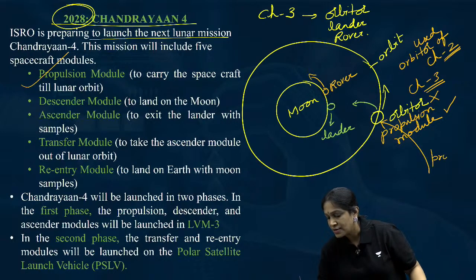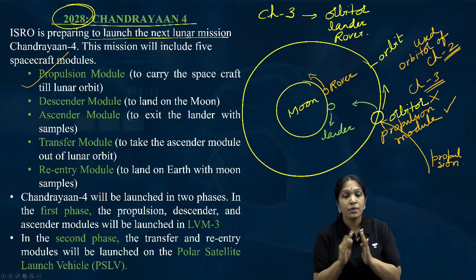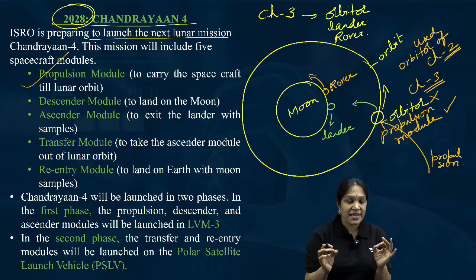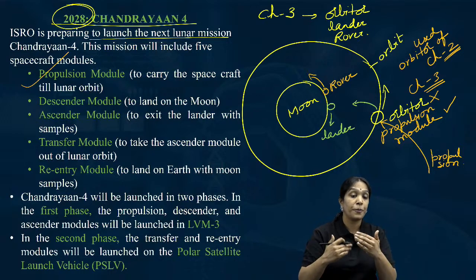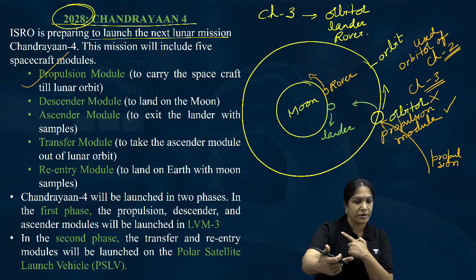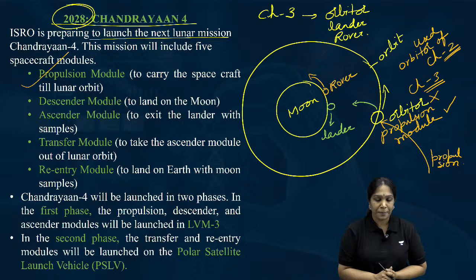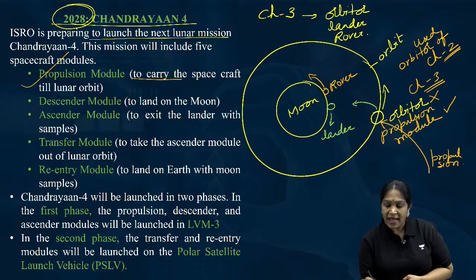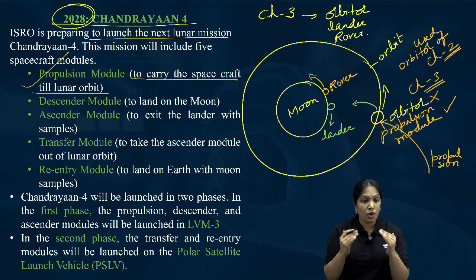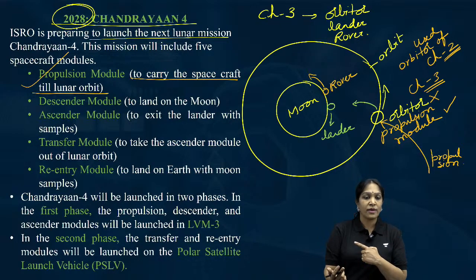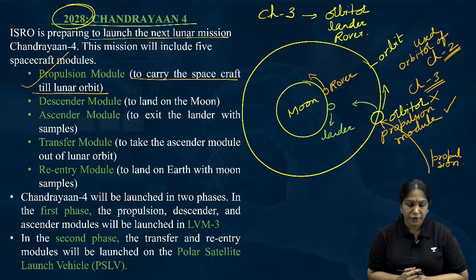This is called the propulsion module. Not to orbit, but to carry the spacecraft till the orbit, to propel the spacecraft till the orbiter. That is the function of the propulsion module. To carry the spacecraft till the lunar orbit. That is the propulsion module.